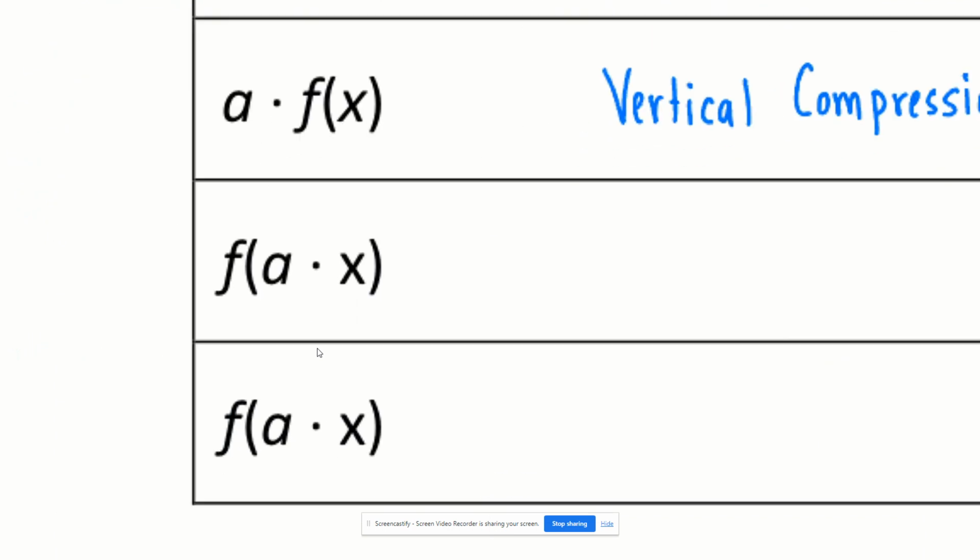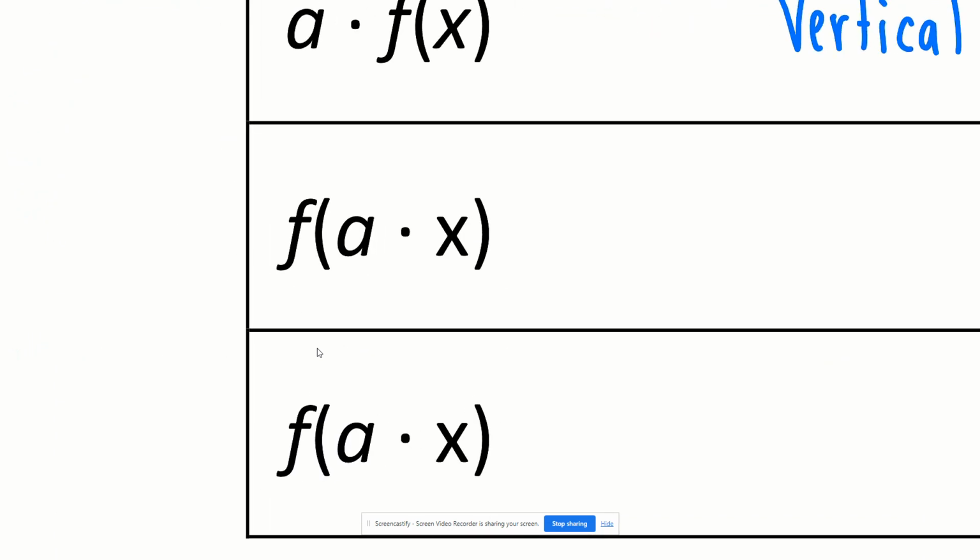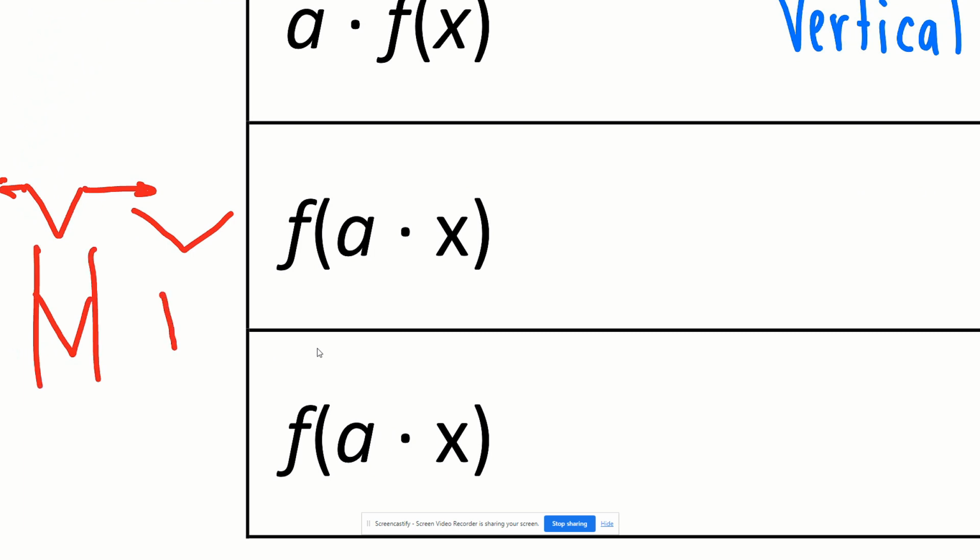So when I try to picture the same V, but this time I need it to get more narrow, I want you to think about horizontally, what would I do to it to make it more narrow? Would I stretch it this way and this way? Would I horizontally stretch it? No, because that would make it wider. Instead, I would want to compress it because that's going to make it more narrow.